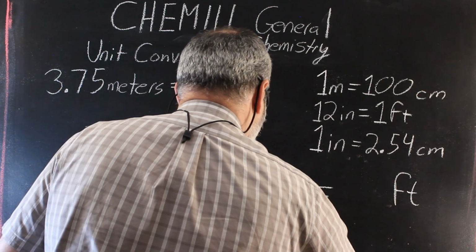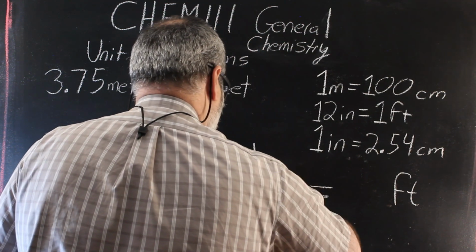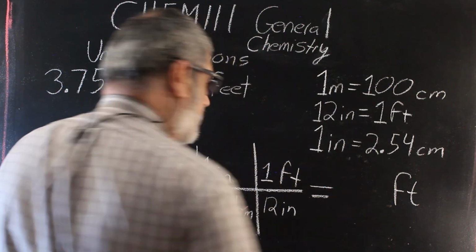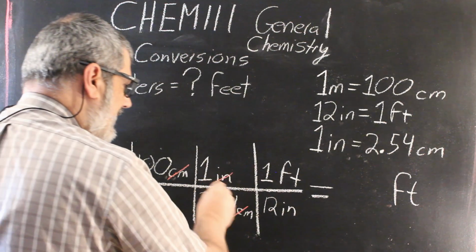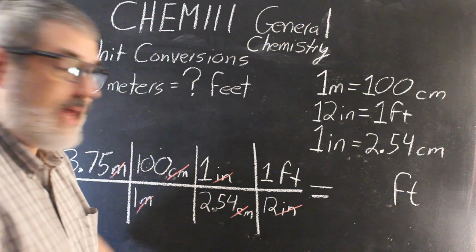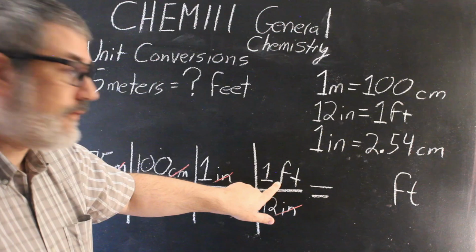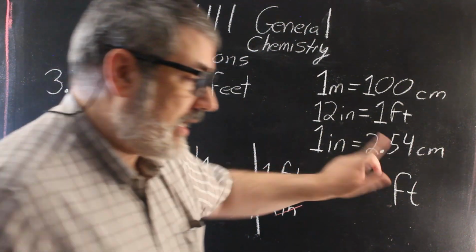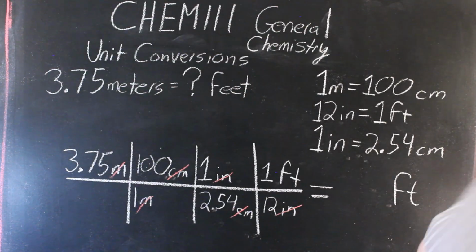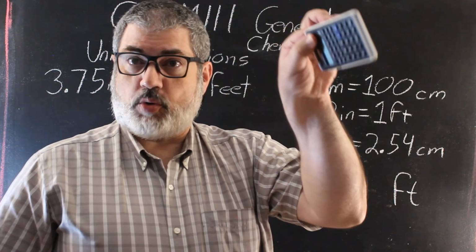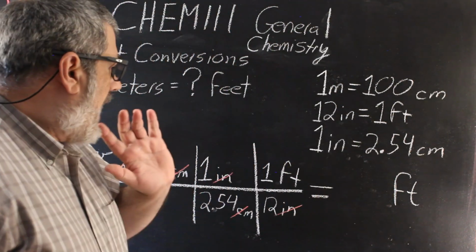To cancel inch, the 12, we must divide by it. So the 12 inches on the bottom, inches cancel. Now I have the unit of measure, feet. That's what I want. So in a moment, I'm going to dramatically pull out my calculator. There it is. And do the math.